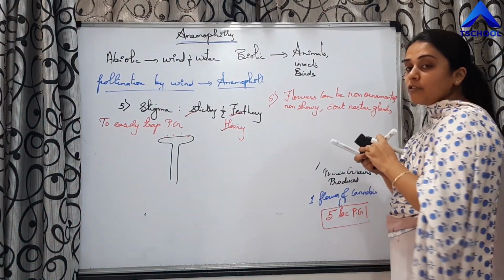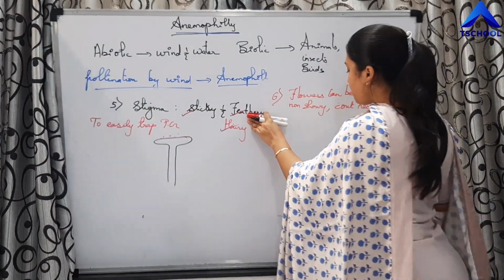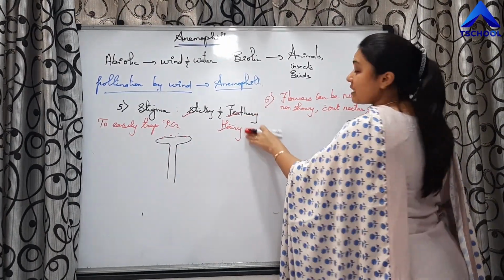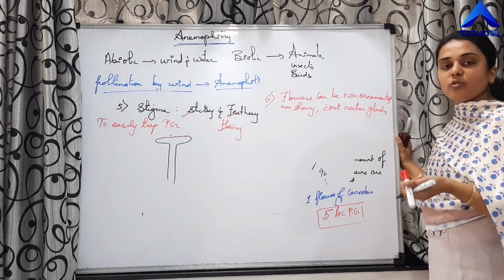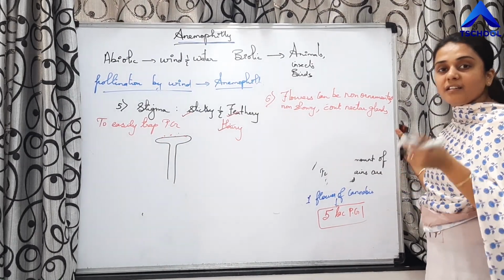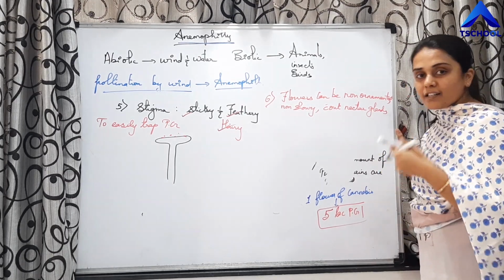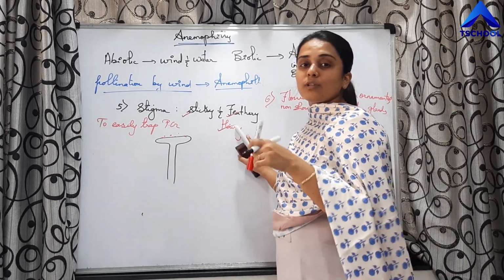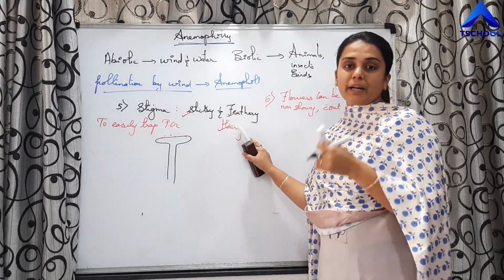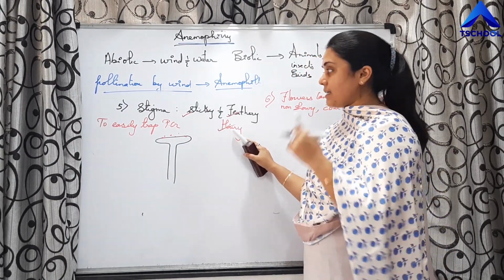The flower should not possess any ornamental properties. They should be non-showy, and there is no need of nectar glands, because the pollinating agent is wind. So there is no need for the flowers to be ornamental or showy.